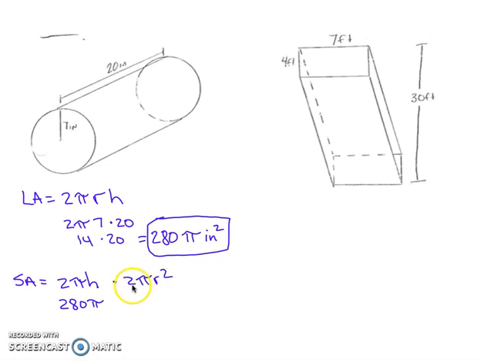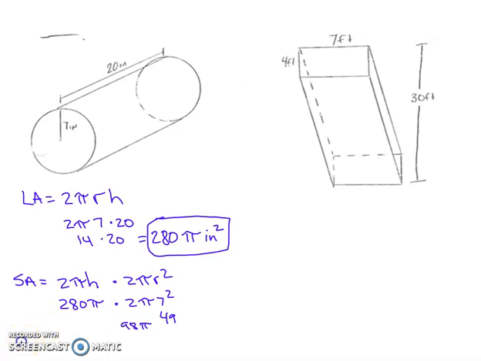Our r in this case is 7. So we would take 2 times pi times 7 squared. 7 squared is 49, so 49 times 2 would give us 98 pi.